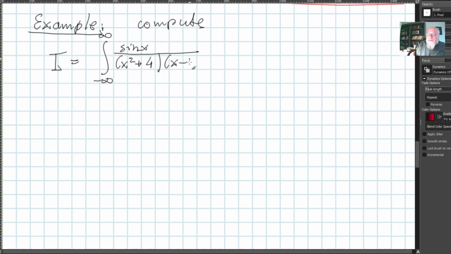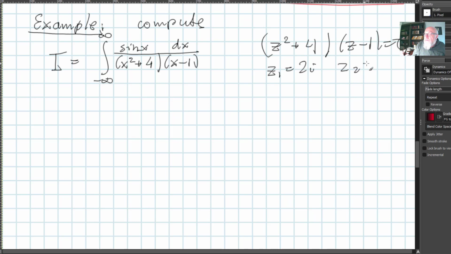So you can immediately recognize that z squared plus 4 times z minus 1 equals 0, so you're getting z_1 = 2i, z_2 = minus 2i, and call that one c equal to 1.